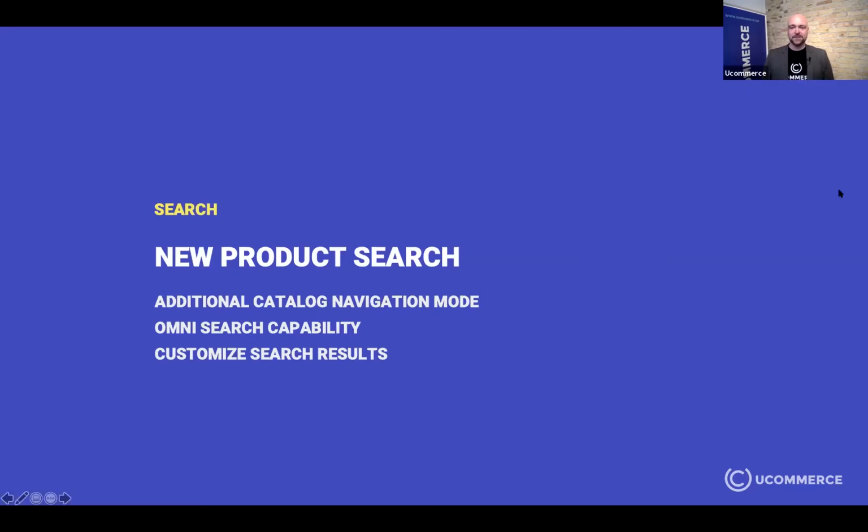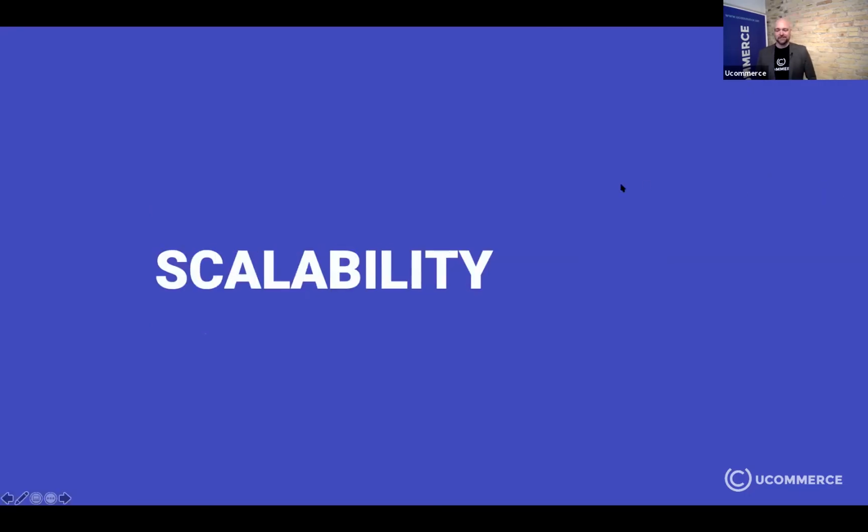Let's take a look at the third pillar of Ucommerce 9.4, and that is scalability. The idea here, as you know, is that performance is a feature of e-commerce. How fast you're able to convert a customer makes a real difference between making a sale or not.